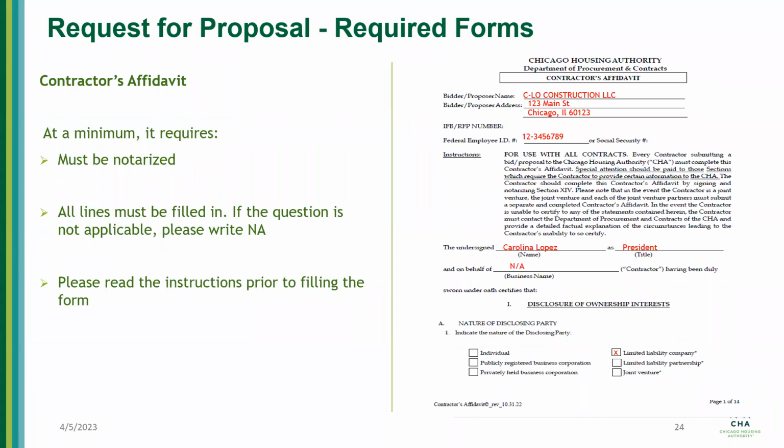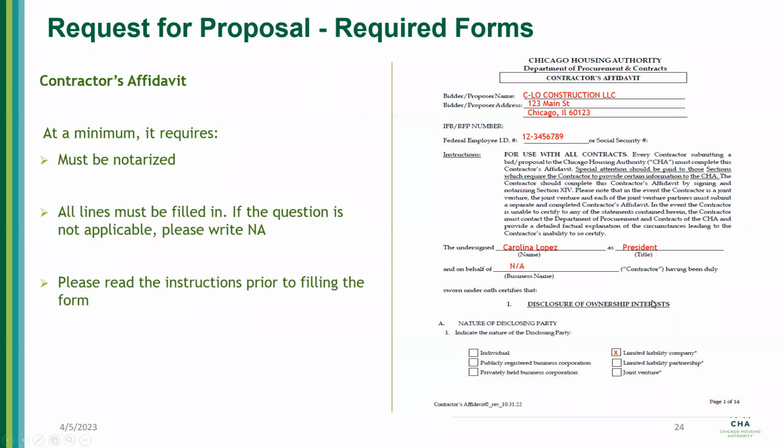All lines must be filled in, and please read the instructions prior to filling out the form. This form is 14 pages. I am just showing the first page, but it is 14 pages, so make sure you fill out all the questions that the form is asking.